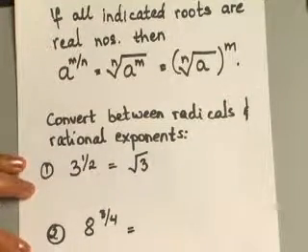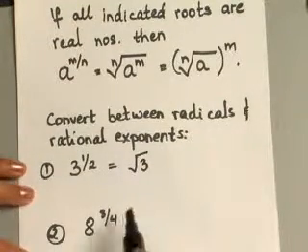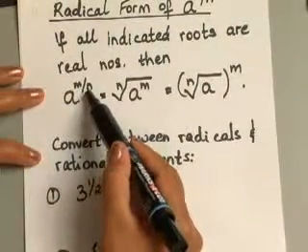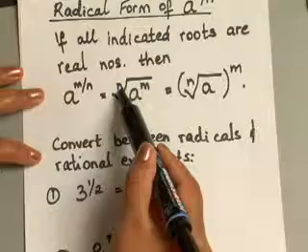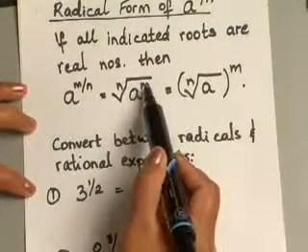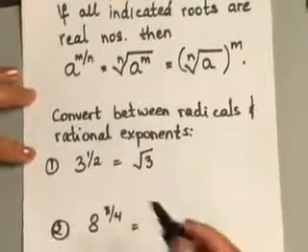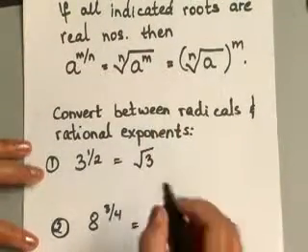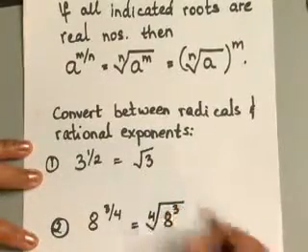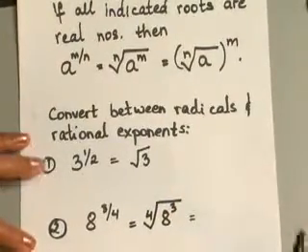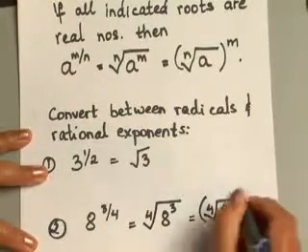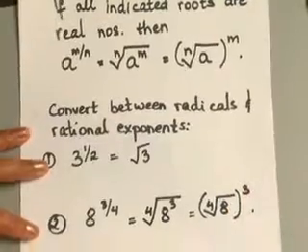8 to the 3/4 in the radical form, you will see that n, which is your denominator on your exponent, is the index, and then m, which is numerator of your exponent, is the power. Okay? So if you had to write 8 to the 3/4, you could write this as 4th root of 8 cubed, or if you choose to, you can write this as 4th root of 8 and then the whole thing to the 3rd power.